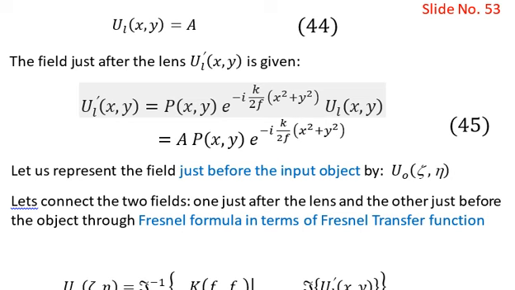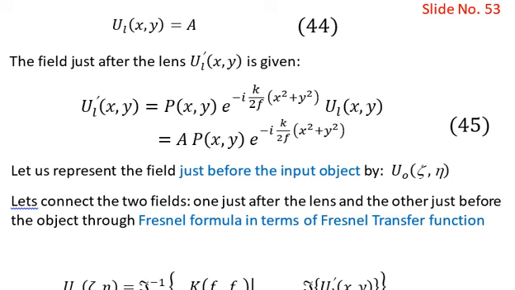Putting the value of u_l from equation number 44, equation number 45 takes its final form: a times p of x, y, times e to the power minus iota k over 2f, times x square plus y square, because we are still on the xy plane. So all these parameters carry the x and y variables.